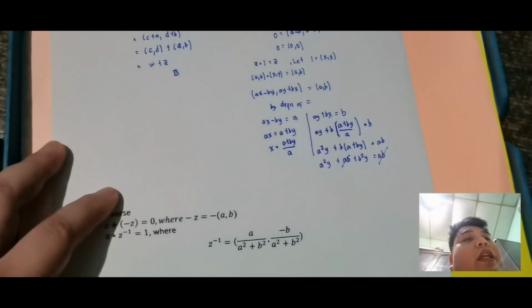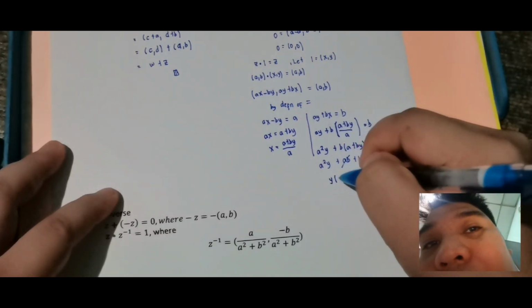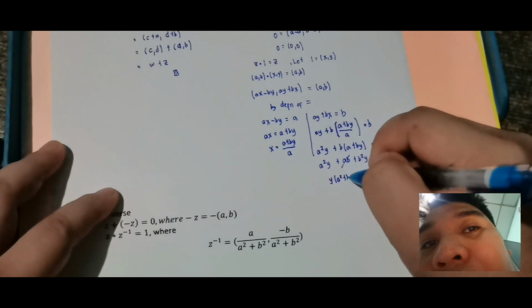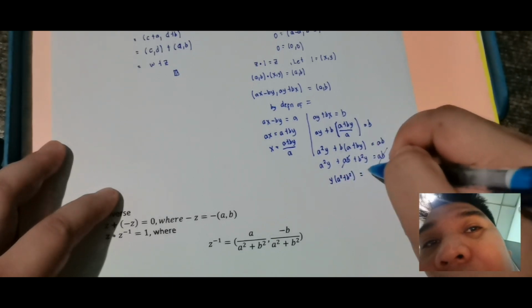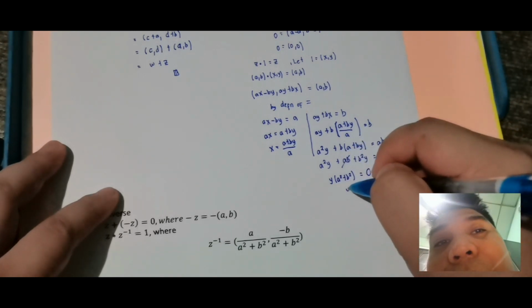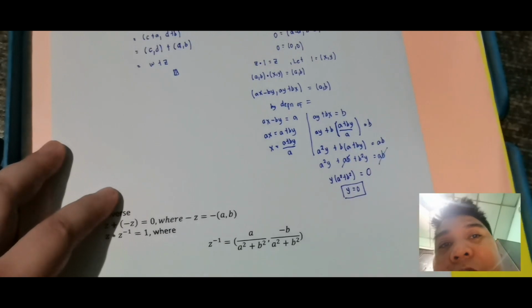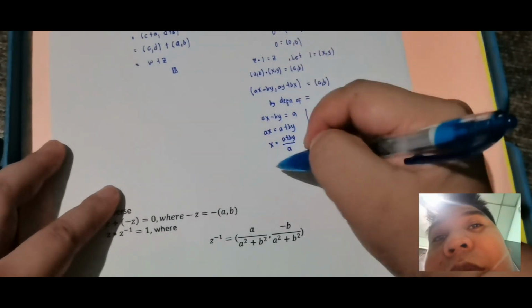Okay, so since ang hinahanap natin is value ng Y, pa-factor out natin dyan yung value ng Y. So that is Y times (A squared plus B squared) is equal to 0. Okay, so divide both sides by A squared plus B squared. So therefore, Y is equal to 0. Okay, so palit natin dito.